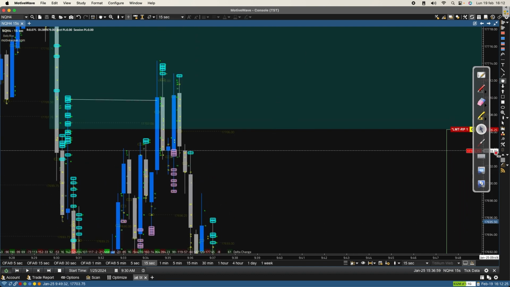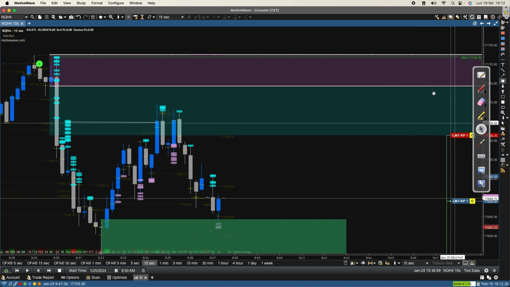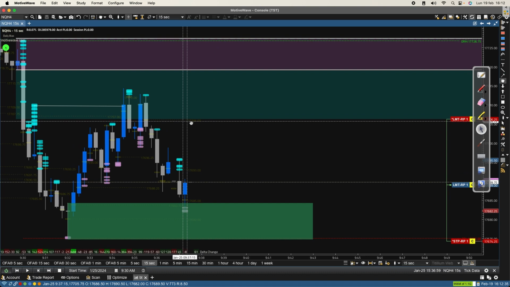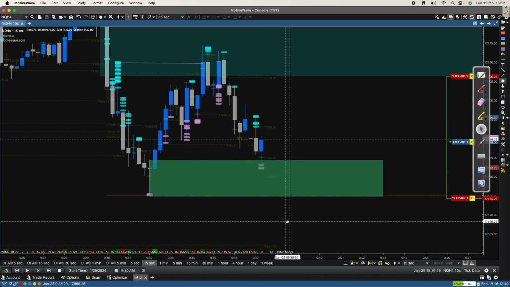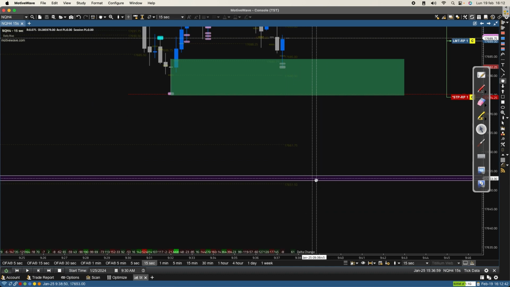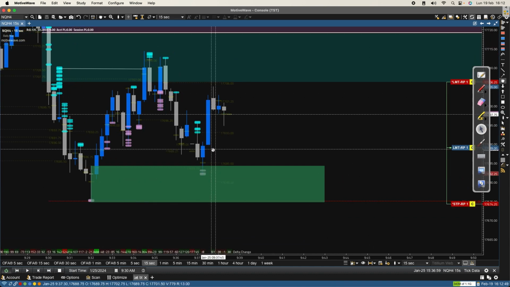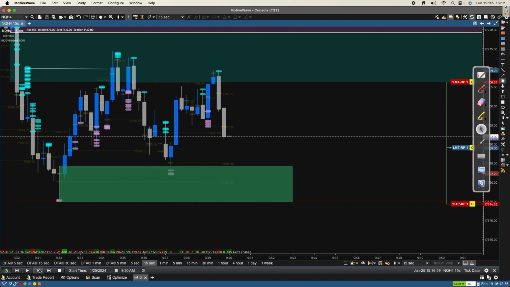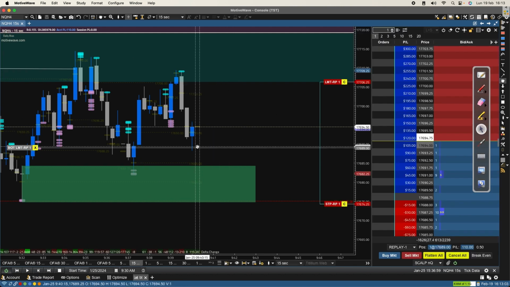I know that price is probably going to test this last supply and demand zone, but I prefer to be conservative here because we are in a bearish trend that probably wants to test this zone. Let's see. Oh, price didn't test the zone. We can leave the trade. Price hit the trade.